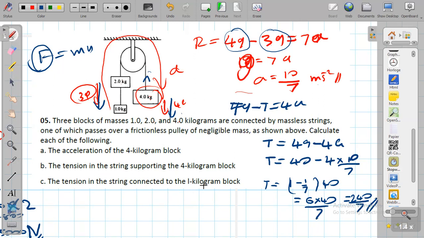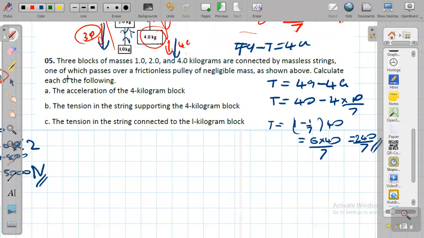Tension in the string connected to the 1 kg here. This tension. So again apply the same force. Now tension T2: T2 minus 1g equals 1a. Acceleration is one thing we know, and T2 is 1a plus 1g.